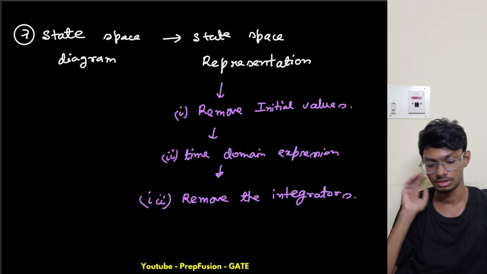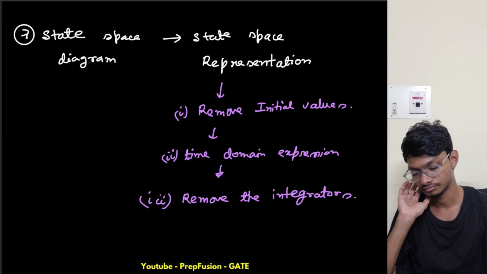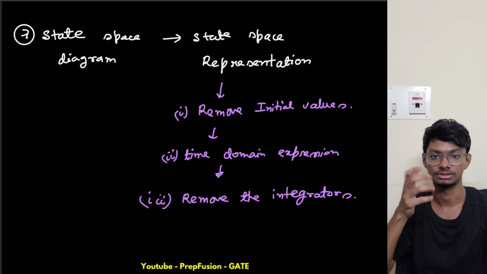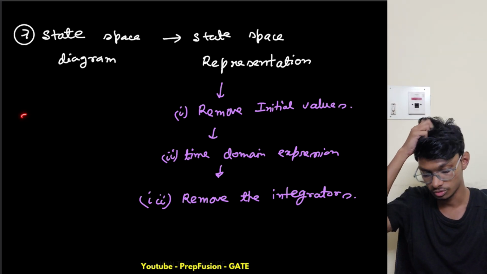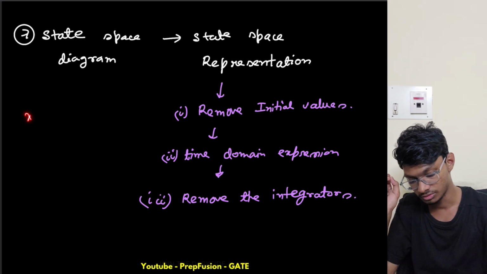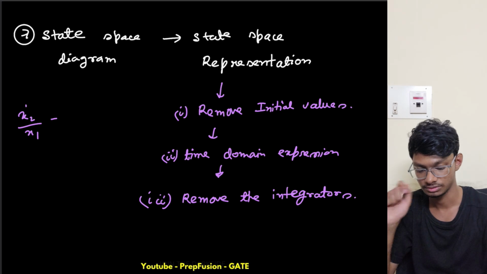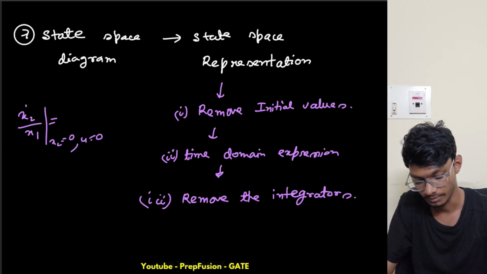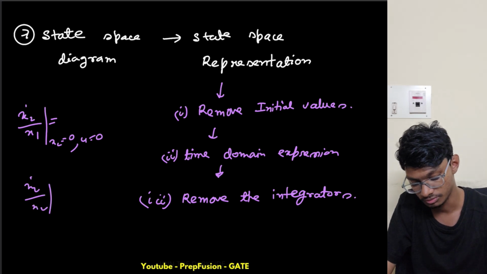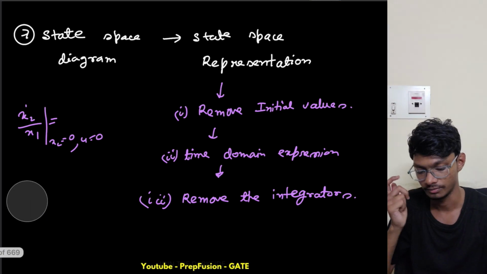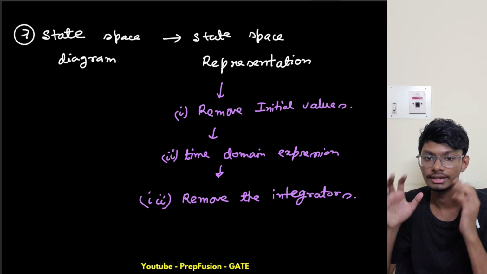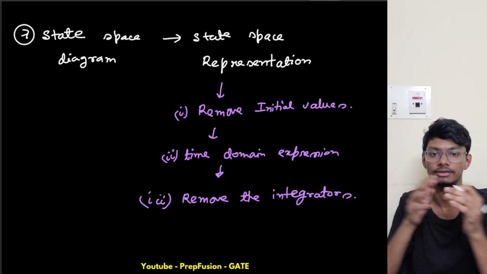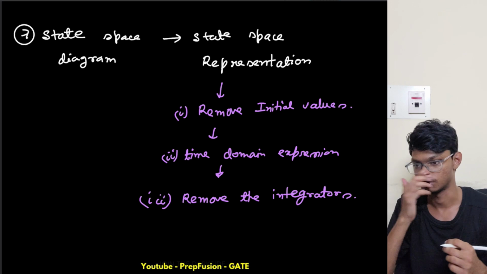Let's say I have x1, x2 and there are multiple forward paths. Then I will solve for x2 dot by x1 first, making x2 equal to 0 and u equal to 0. Then x2 dot by x2, making the other two 0, and like that. This is how I get each of the transfer functions, then I add all of them, then I get the state space equation for x2 dot.